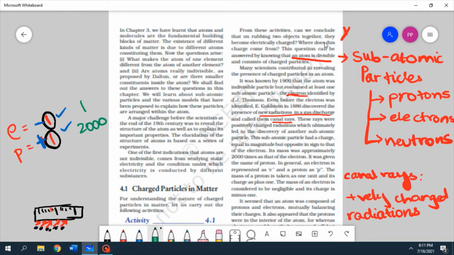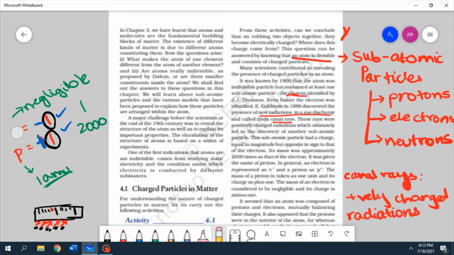But in reality the mass of a proton is 1 AMU or 1 unit, so the mass of an electron is negligible. A proton has 1 unit mass, and the mass of an electron is negligible.